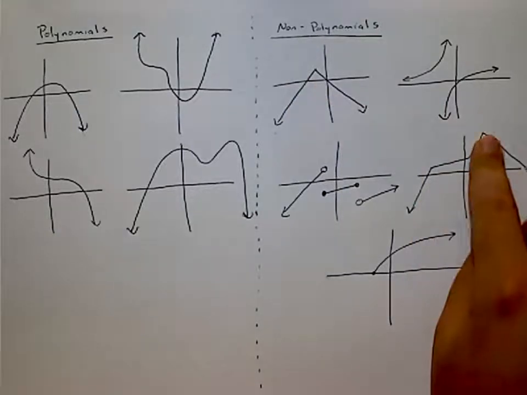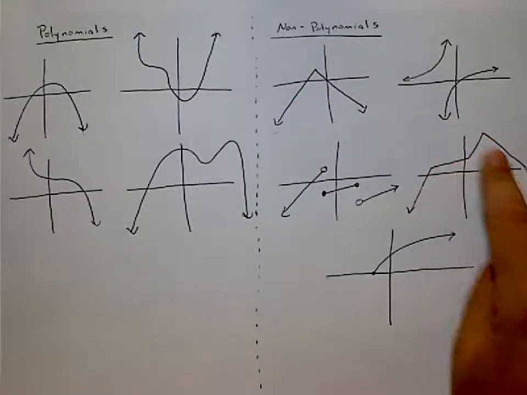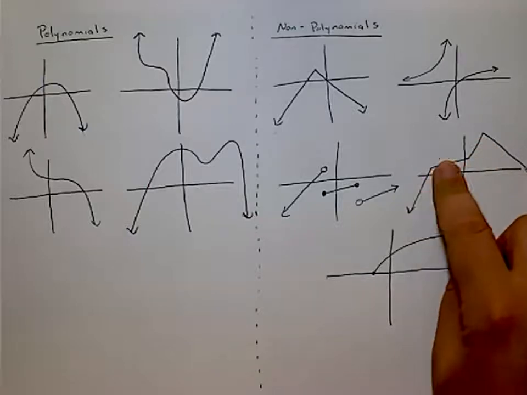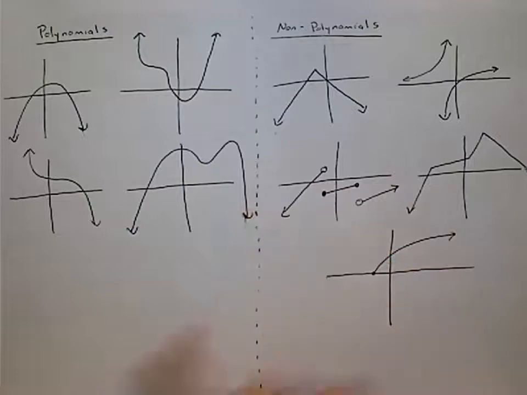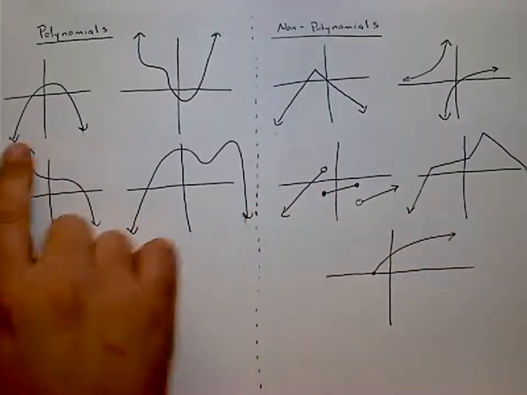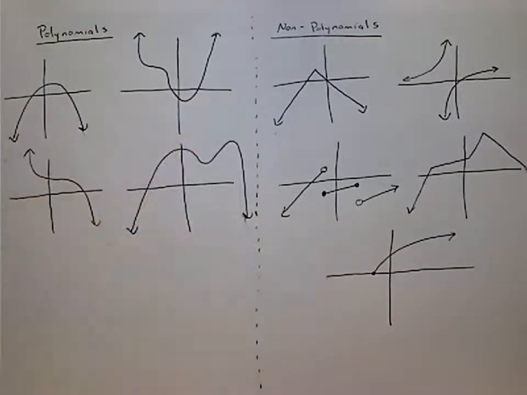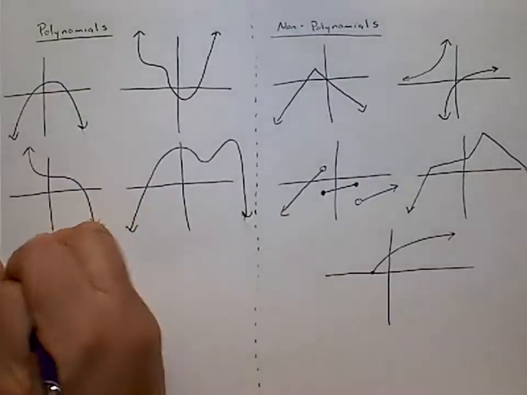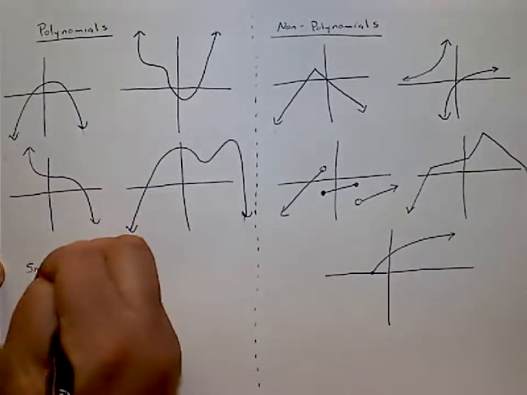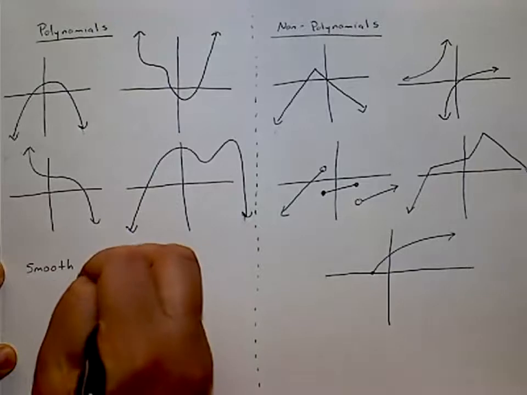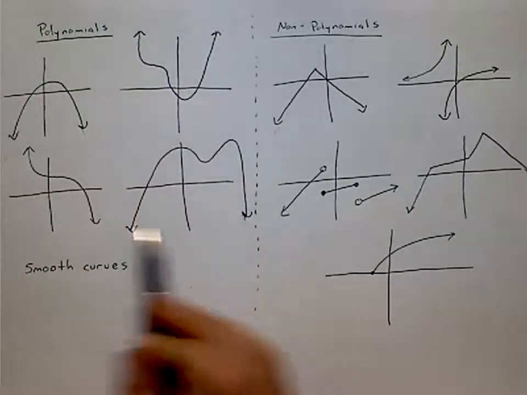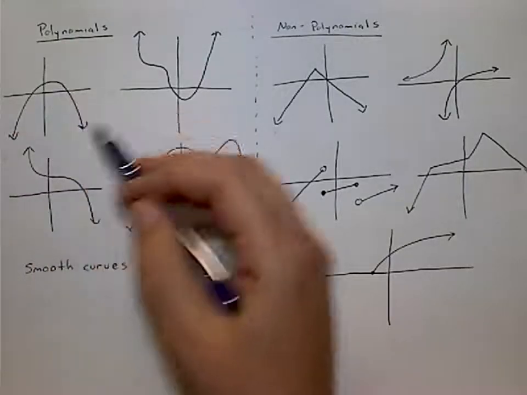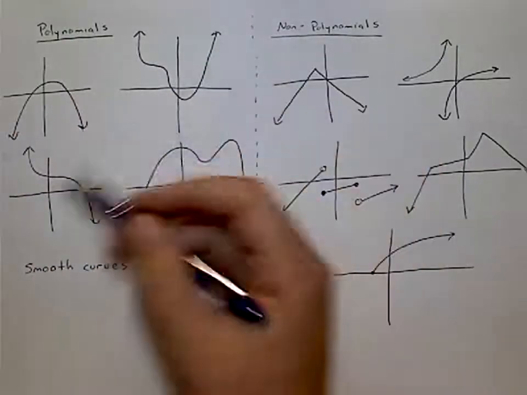This other function, I don't even know what it is, but it has points in it, right? It looks like they're all rough. Here, polynomials are all smooth curves. Also, what you'll notice about a polynomial is, well, let me write that down first. They all have smooth curves, or as smooth as they can get, right? Another thing I want you to realize is that there are no breaks in these lines.